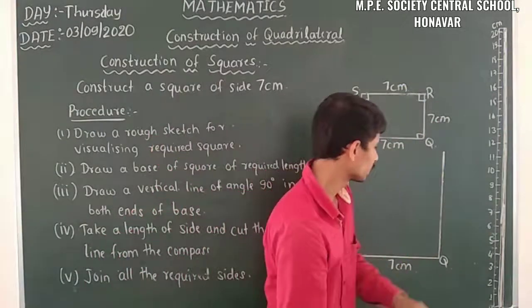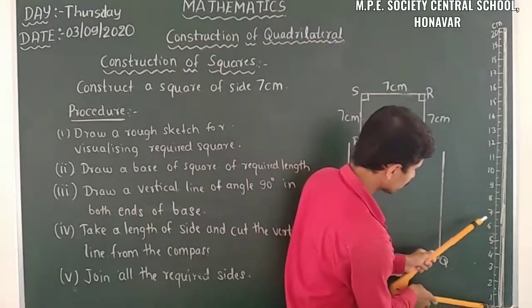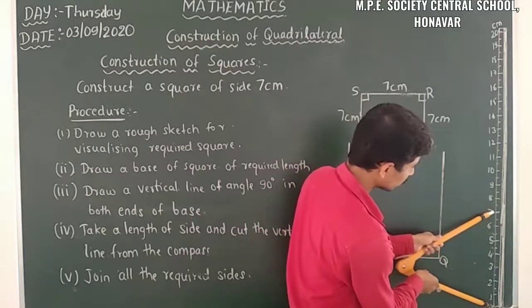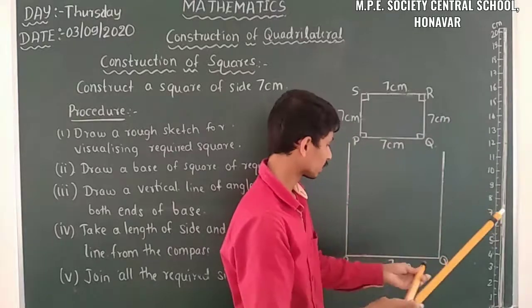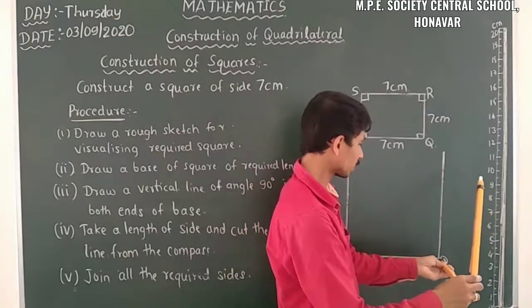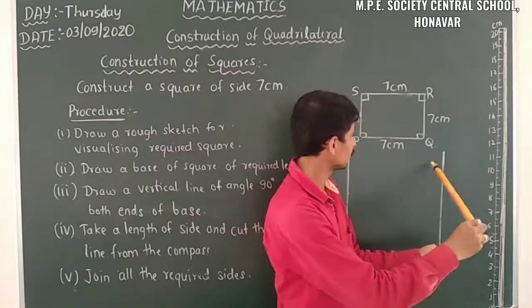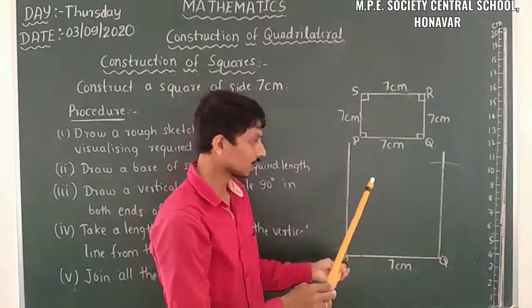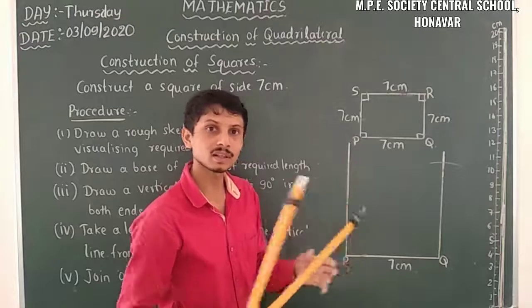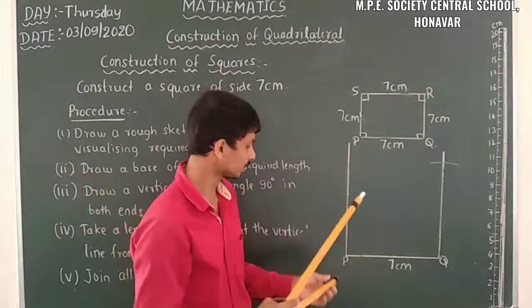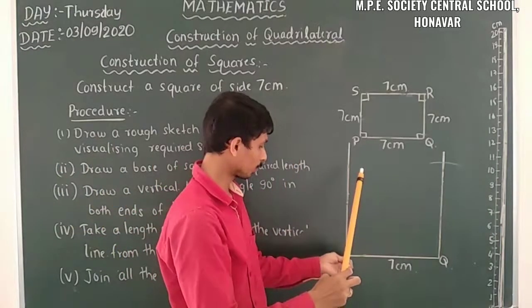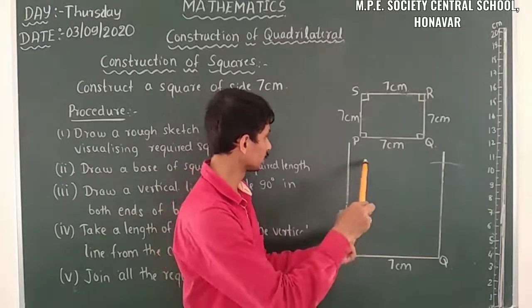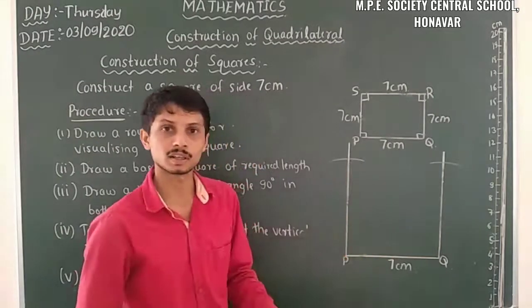Just take that length 7 cm here. Yes, it's of 7 cm. Then lock it on the required point and then cut the vertical line. Then here also we have to take the 7 cm. Then lock it on the point P and then cut the vertical line.